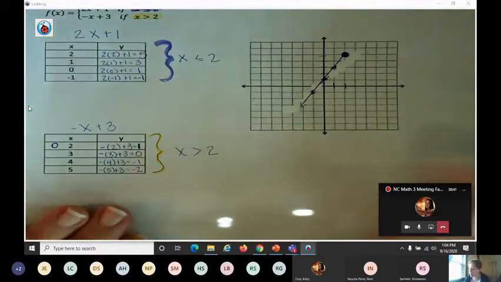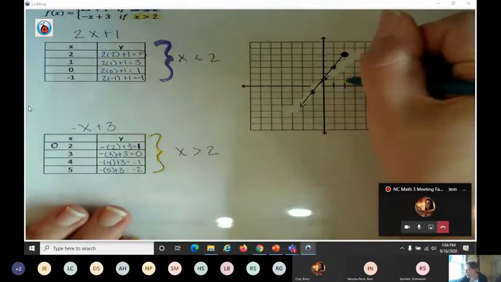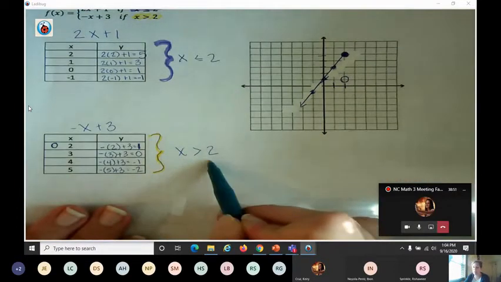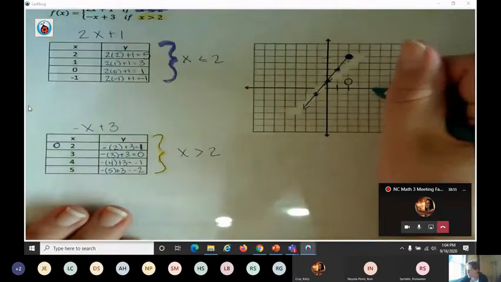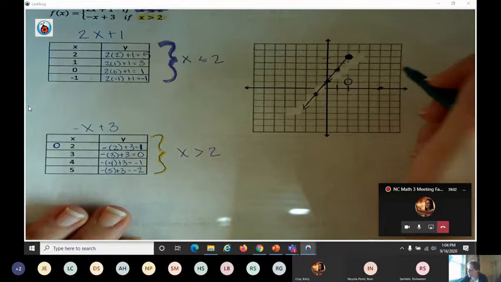So now I'm going to plot these values. The very first one I'm going to plot is at (2, 1). So I'm going to go right 2, up 1. I'm going to put an open circle here because this is technically not included in this domain. Then I'm going to go right 3, down 0. Then 4.